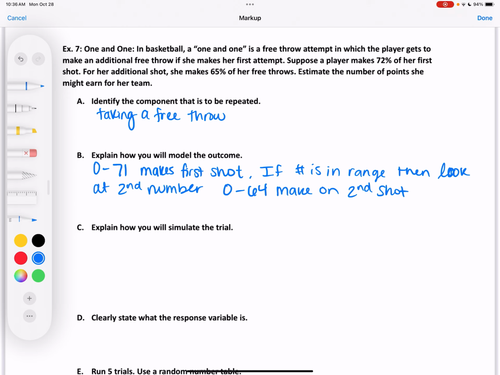So how am I going to simulate the trial? I'm going to look at random numbers. I'm going to specify on my calculator: if she makes both, she gets 2 points.